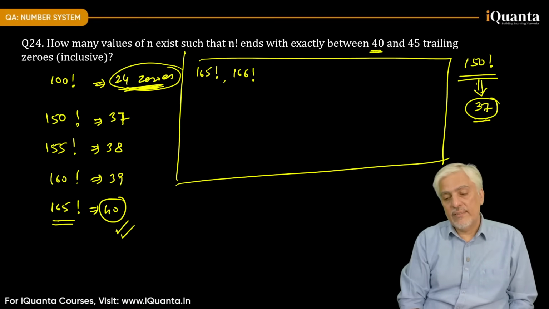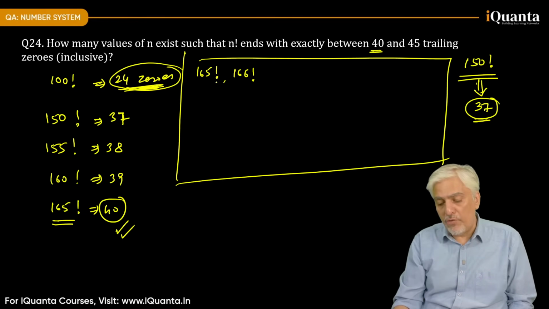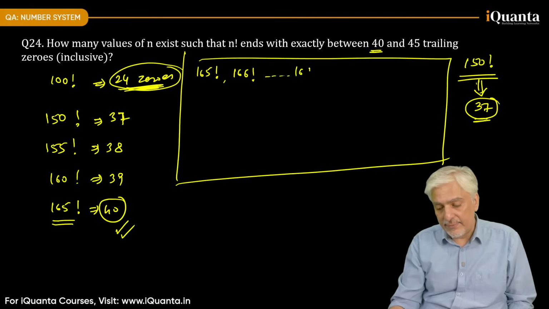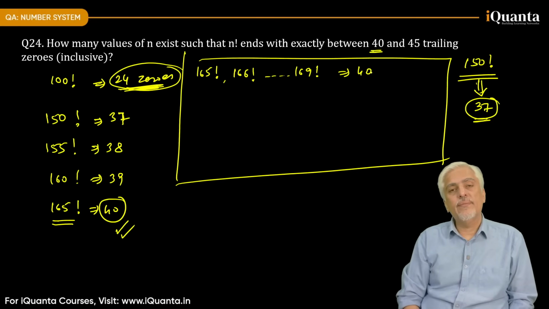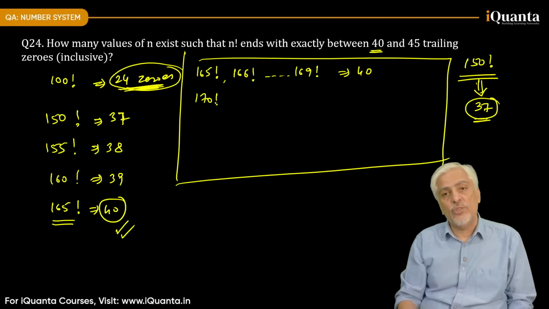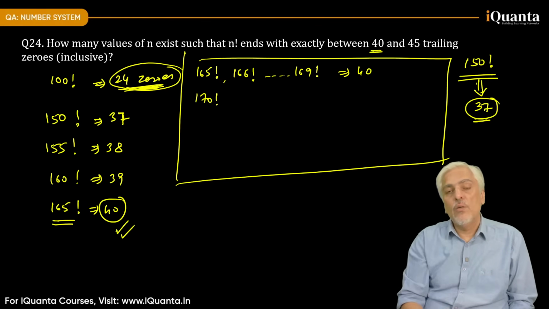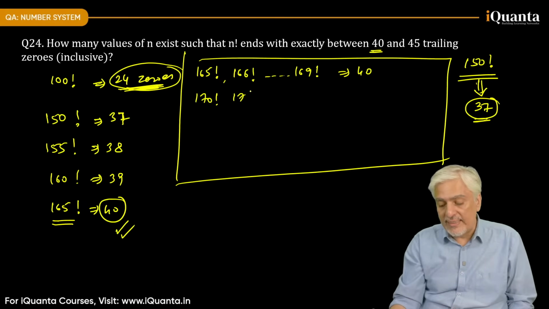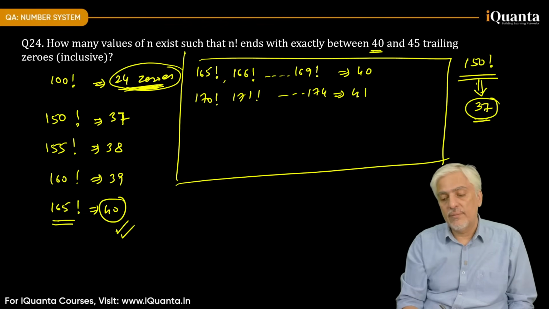Others 40 only ना, because यहां पे कोई 5 इंक्रीज नहीं हो रहा है. तो till 169 everything has 40 zeros. Then 170 onwards 41 zeros. 170, 171 up till 174 41 zeros.